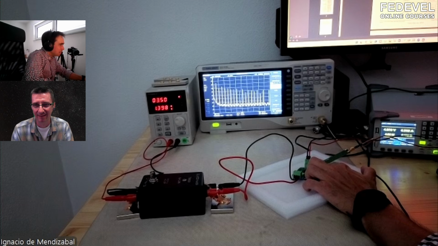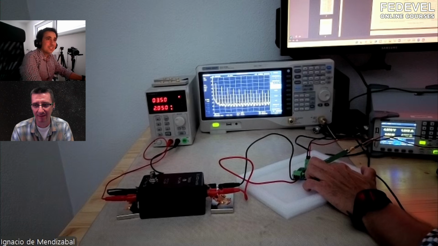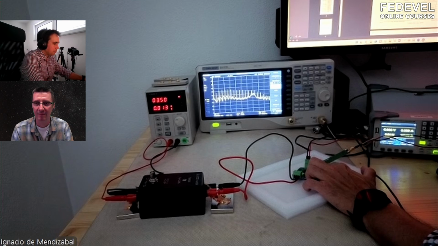So now we are even at double charge, or double load. So we are at 1 amp. Here we go to almost zero, 0.1, 0.2.